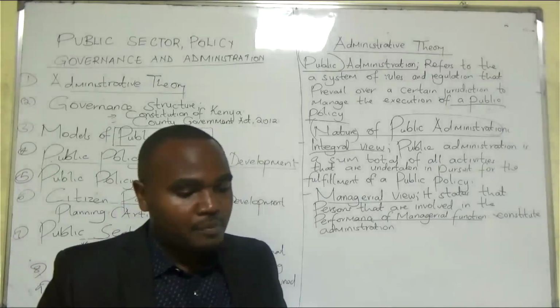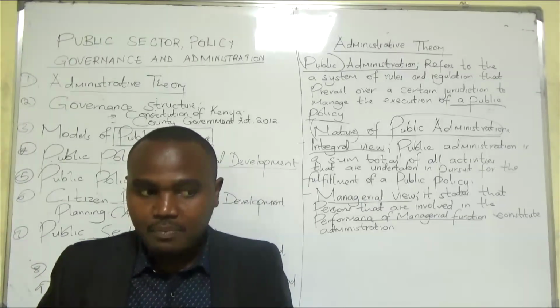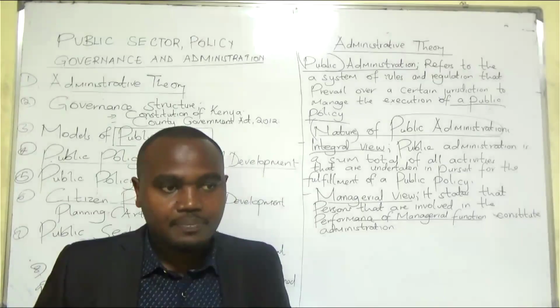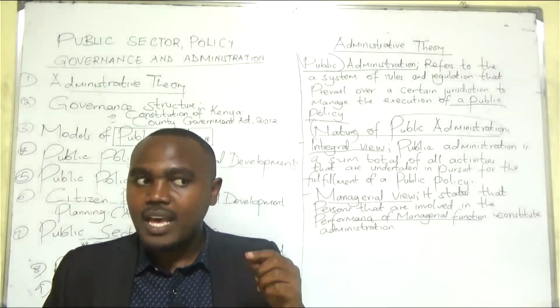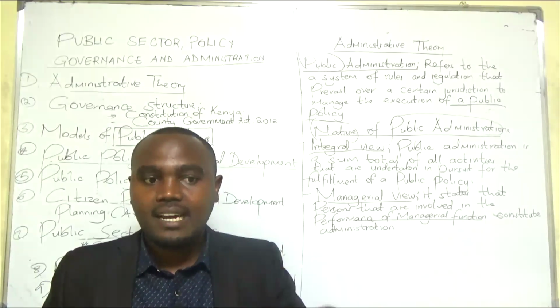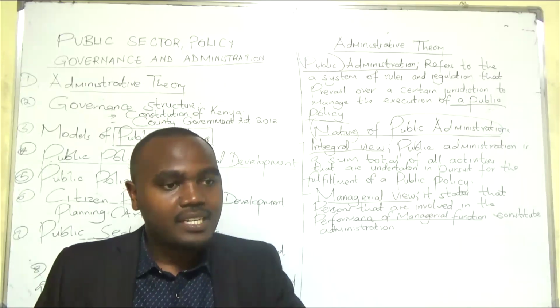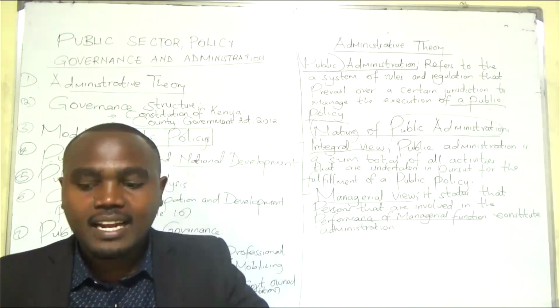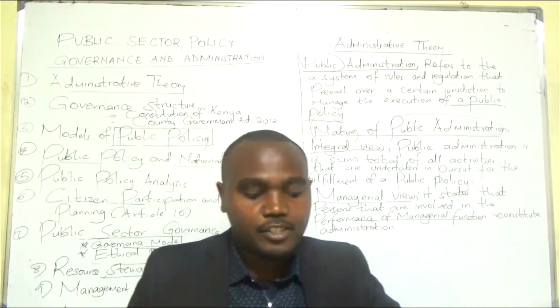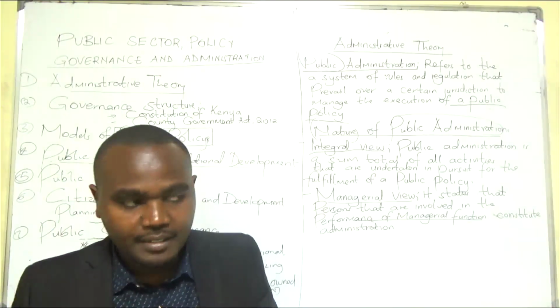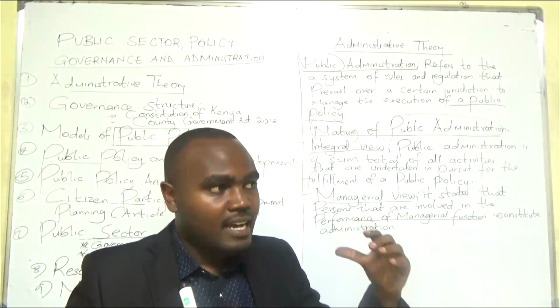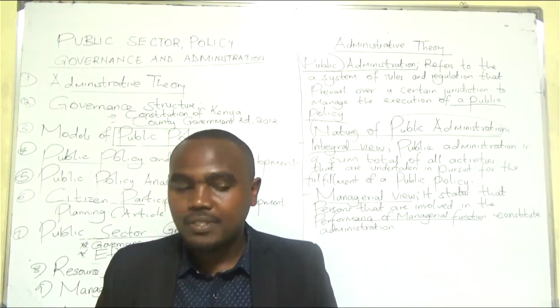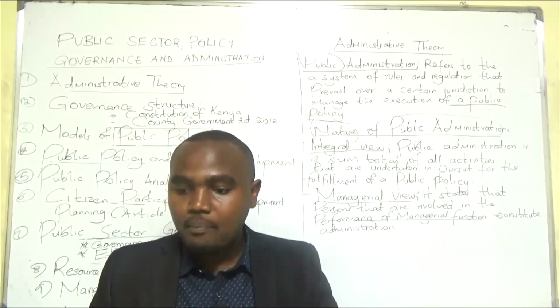What is management? Principles and practice of management tells us that management refers to the art of getting things done through some specific functions. Which are those functions? One, planning.